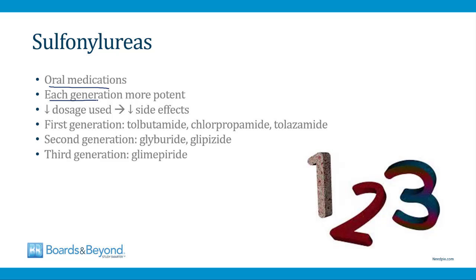So because each generation is more potent, you can use a lower dosage, and therefore there tends to be less side effects. So the first generation drugs, which are rarely used in modern practice, are drugs like tolbutamide, chlorpropamide, and tolazamide. The second generation drugs are still used sometimes. These include glyburide and glipizide. And then there's one third generation sulfonylurea, and that's glimepiride.